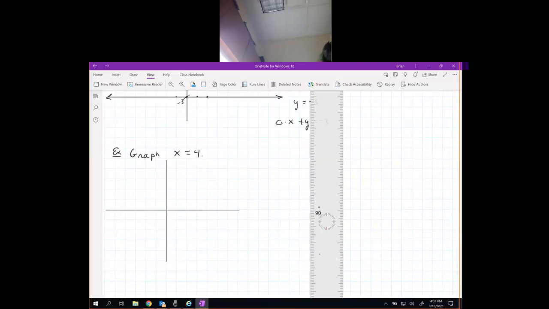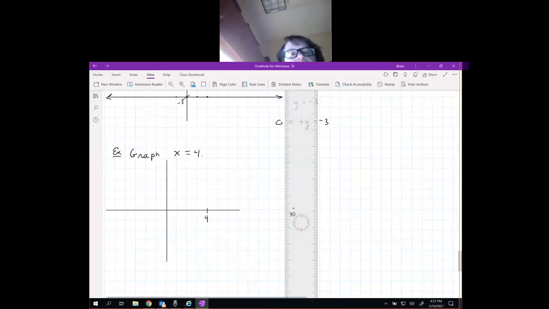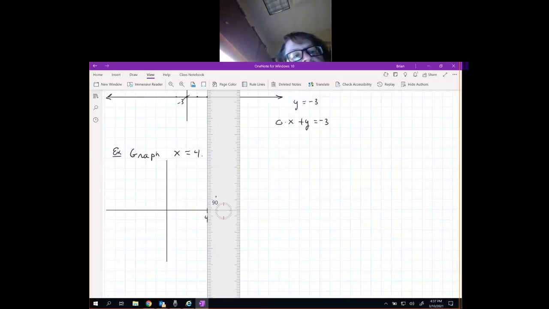So starting at the origin, I'll go to the right 1, 2, 3, 4. If I marked that number, that would be a 4. And then my line is vertical.